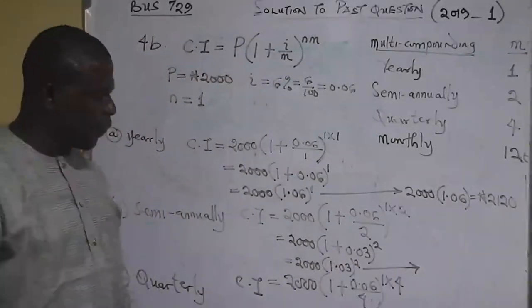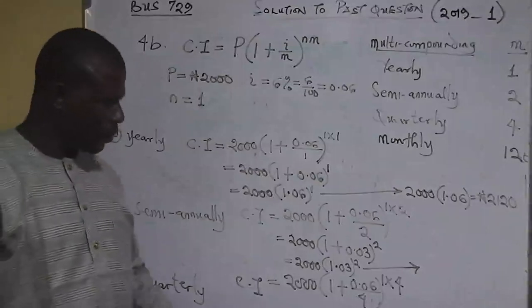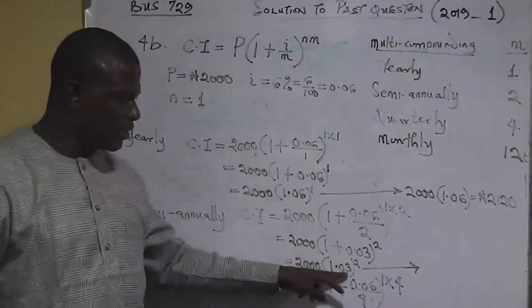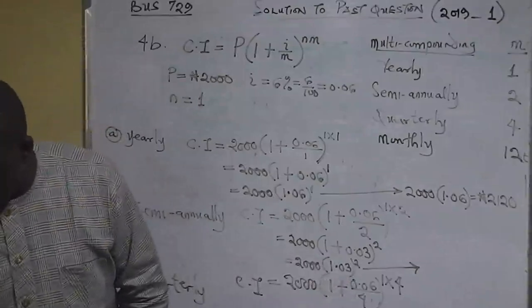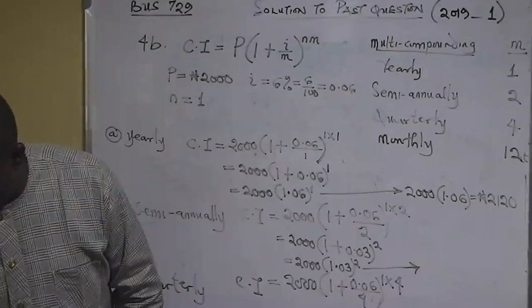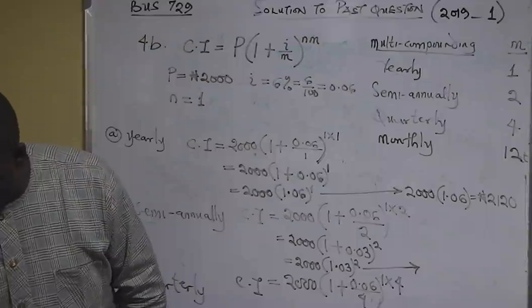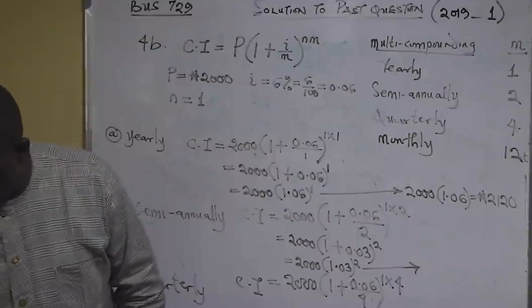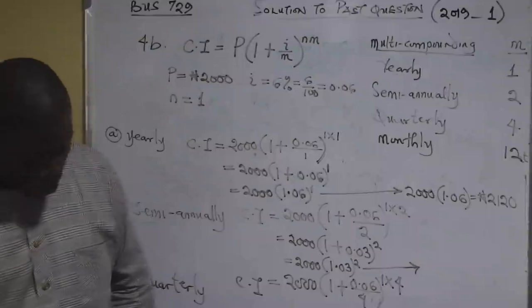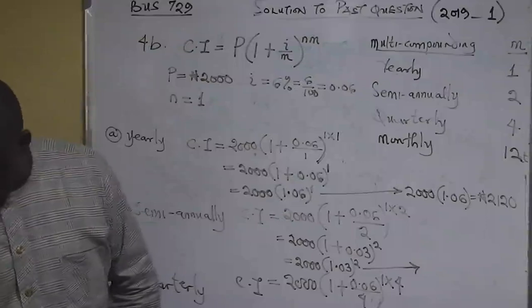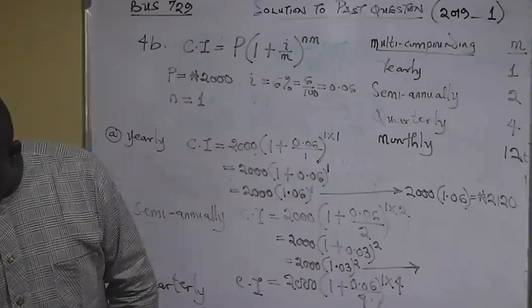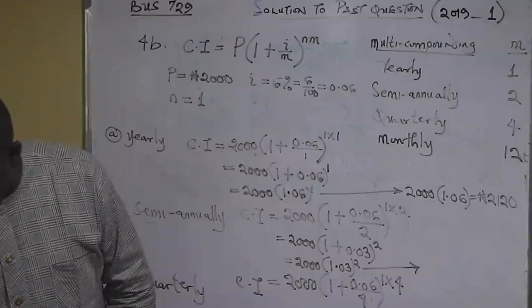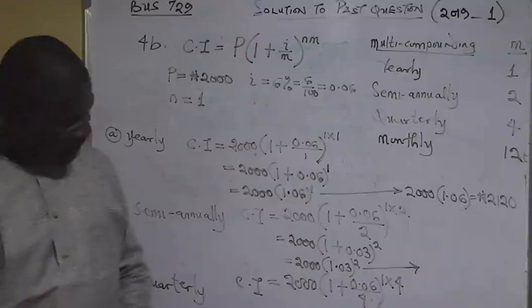Now if you do this further, 1.03 raised to power 2. You can use your calculator there, and let me use my own calculator here. I have 1.03 times 1.03, because that is square.